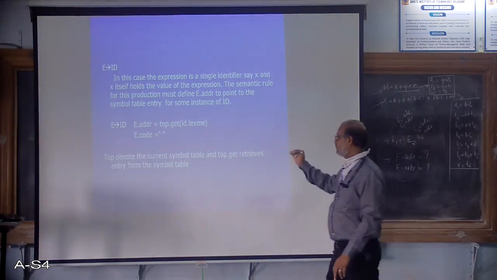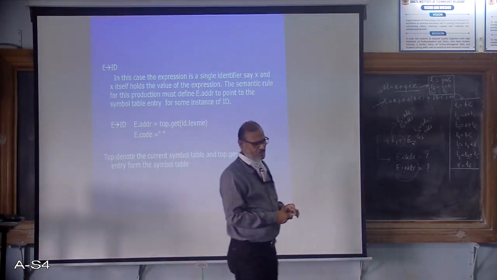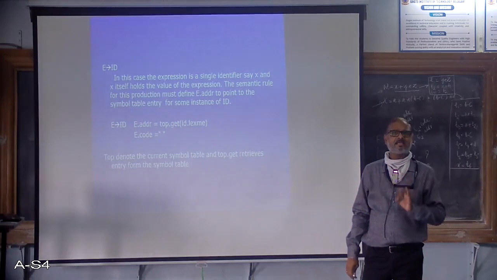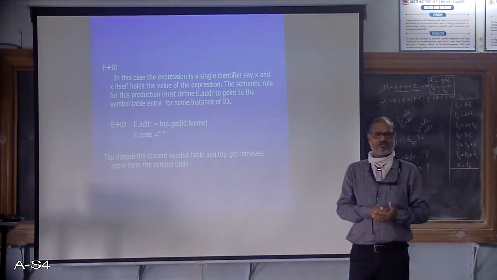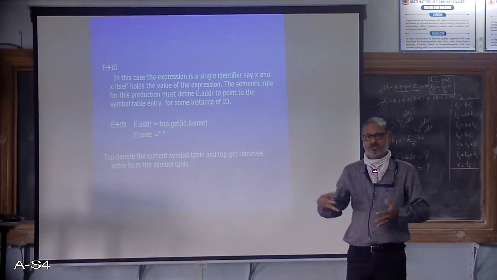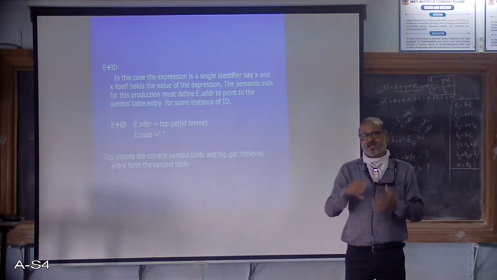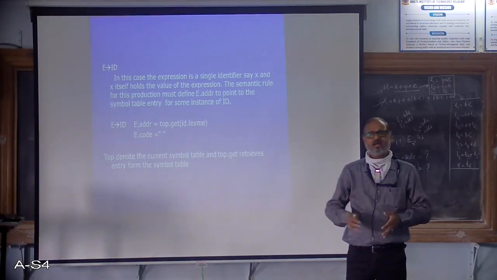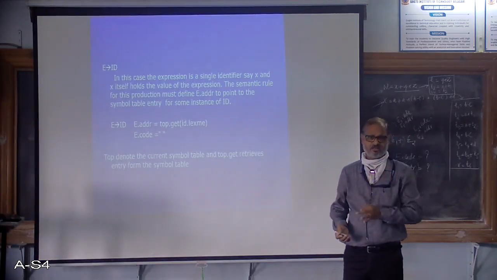Like this you can attach these semantic actions. When these semantic actions are called at the appropriate time, here in this case it is reduction, just before the reduction, you have the sequence of 3 address codes for the body of a production, and you also have the value associated with that. Accordingly the statements are written, they get executed, and then they generate the required intermediate code as the sequence of 3 address codes.